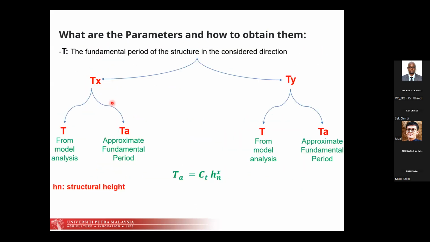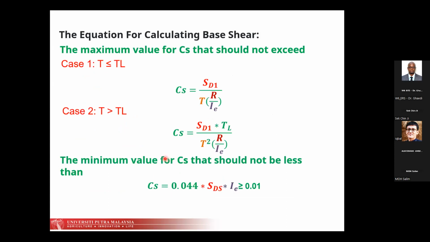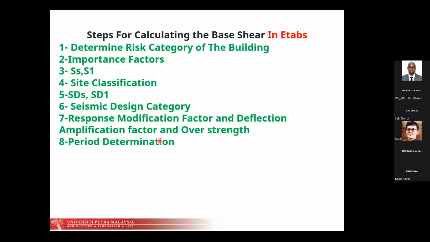So now we know all these parameters, but how do we do this in real life, or how do we do it on ETABS? These steps are followed in real life and in ETABS, and this is how we usually work. First thing, we have approximately 8 steps.